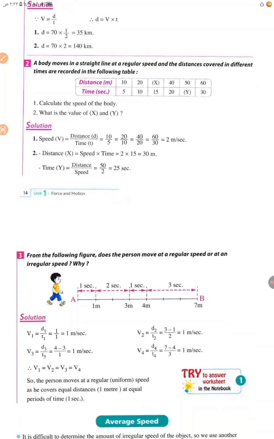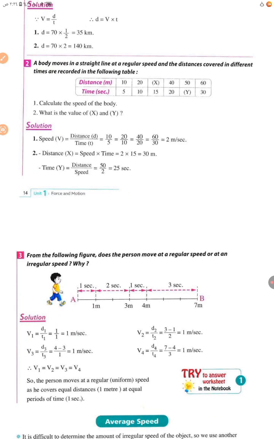A body moves in a straight line at a regular speed, and the distances covered in different times are recorded in the following table. Distance: 10, 20, unknown x which I will calculate now, 40, 50, 60.